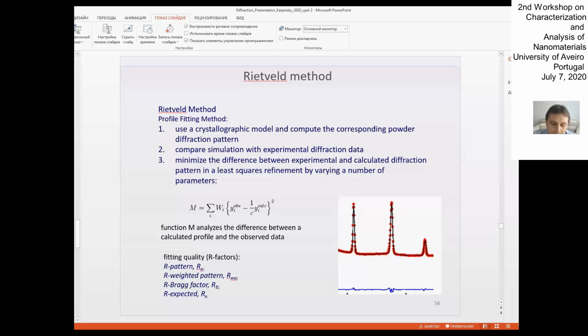I explained the next steps, when we already know the model of the crystal structure and we try to refine it. So we have to inform the software what model we'd like to use. For this, we have to put in all the structural information. But this is the final step to refine the crystal structure.